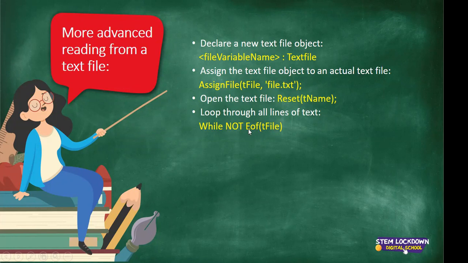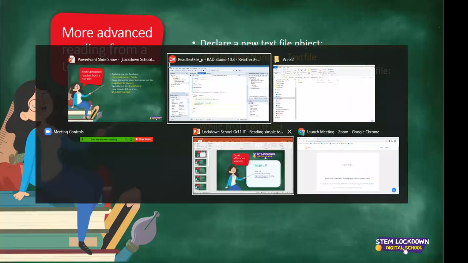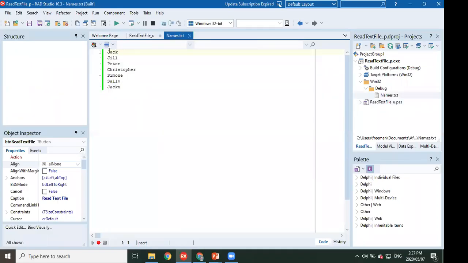Now end of file, EOF, is a function that returns a Boolean, either true or false. At any point where the cursor is, if I ask end of file, it's going to currently return false because I'm not at the end of the file yet. Only over here will I get an answer of true.